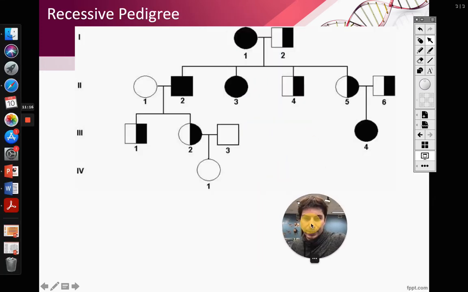Every now and again, guys, and these are very nice if they give it to you. Usually they don't, but every now and again you get one. Sometimes they're nice to you. In generation 3, you see these ones here, number 1 and number 2. What that means is they are a carrier. That means they are going to be big R, little r. This would be little r.